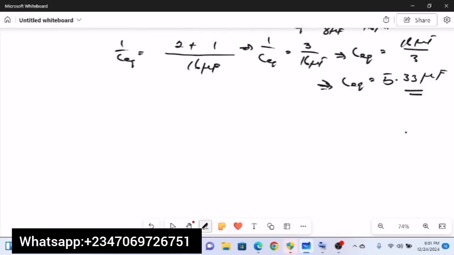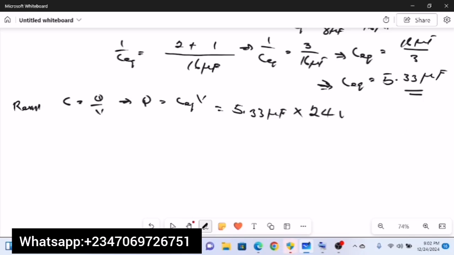So from that formula, you recall we said capacitance is simply charge over potential difference. We simply make charge the subject, and that becomes capacitance, in this case the equivalent capacitance, multiplied by the source potential difference. So this is going to be equal to the equivalent capacitance, 5.33 microfarad, multiplied by the source voltage, which was given in the question as 24 volts.